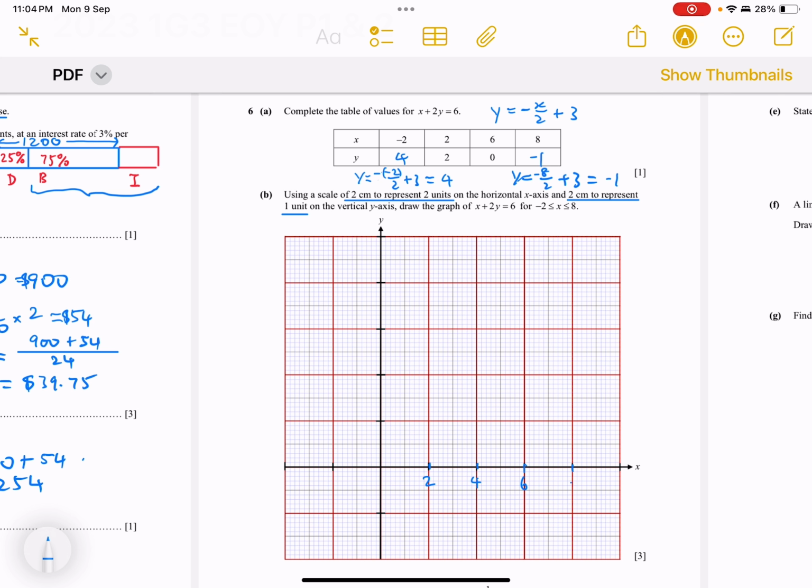Sorry, that is using a scale of 2 cm on the horizontal axis, correct. And then 2 cm to 1 unit on the y-axis. So one big square, 2 cm. Every time you see 2 cm, you interpret it as one big square. So one big square represents 1 on the y-axis.